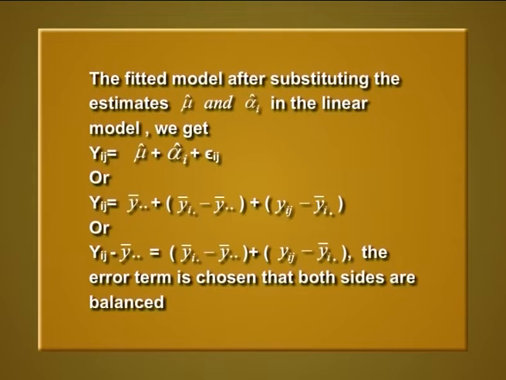Taking y bar dot dot to the left hand side, we get y_ij minus y bar dot dot equals y bar i dot minus y bar dot dot plus y_ij minus y bar i dot. The error term is chosen so that both sides are balanced.